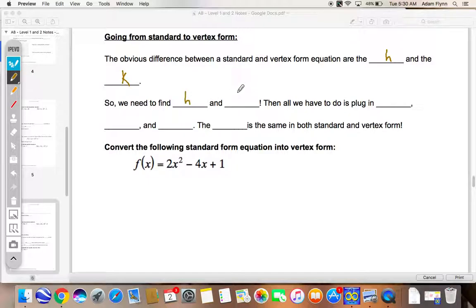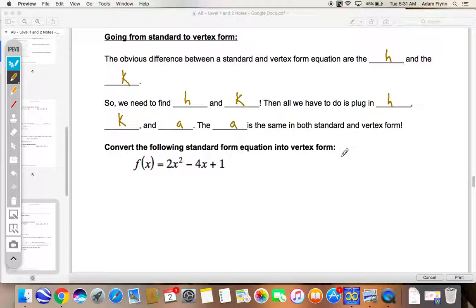So we need to find h and k. Then all we have to do is plug in h, k, and a. And the a is the same in both standard and vertex form.